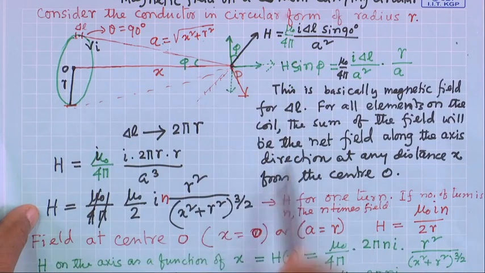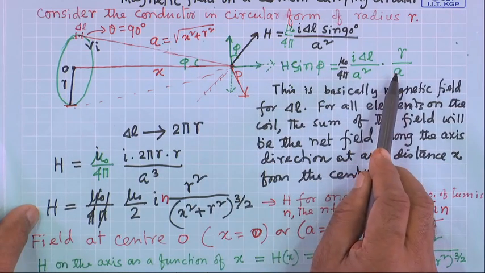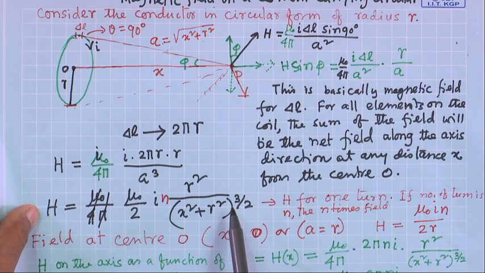So, the magnetic field is this and its direction is parallel to the axis. So, this is the expression for the magnetic field of a current carrying circular coil along the axis at a particular distance x.